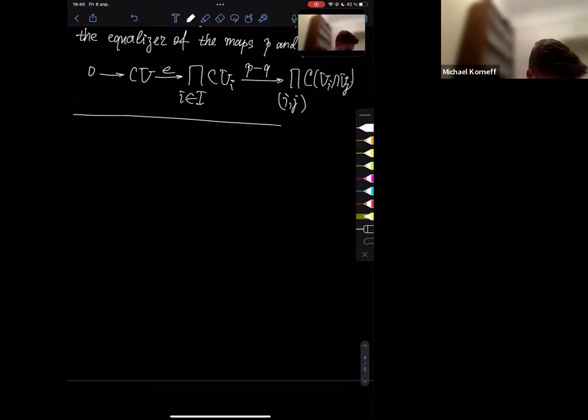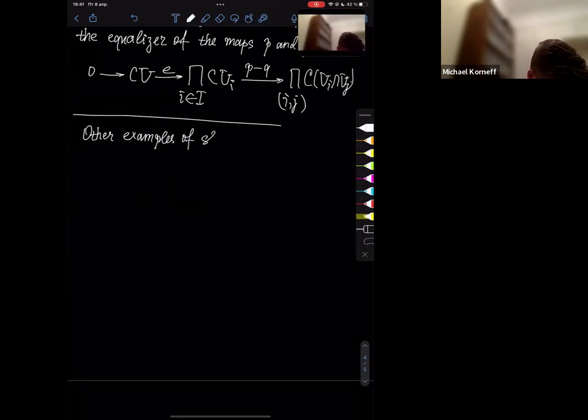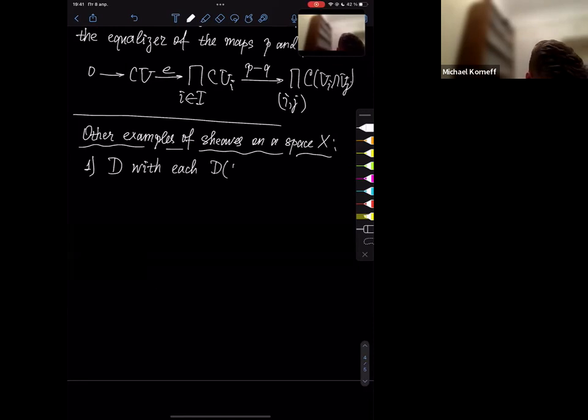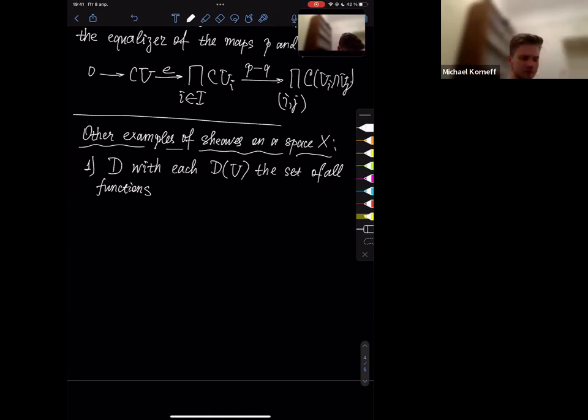Other examples of sheaves on a space X. Number 1, we can consider the functor D, with each D(U) the set of all functions, continuous or not.